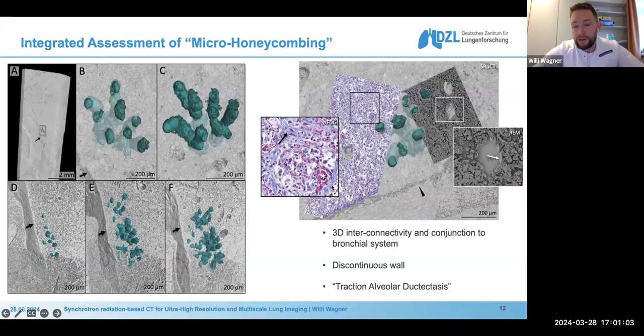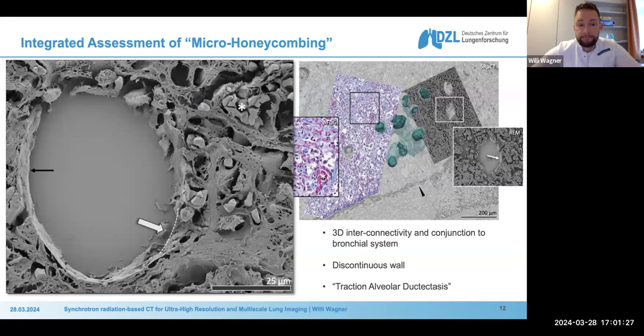So far, we termed it traction alveolar ectasis because enclosed cysts are not developing in mice. That's one drawback of the mouse models that we are using to investigate pulmonary fibrosis. And so far, only synchrotron imaging was able to show the connectivity of these structures.